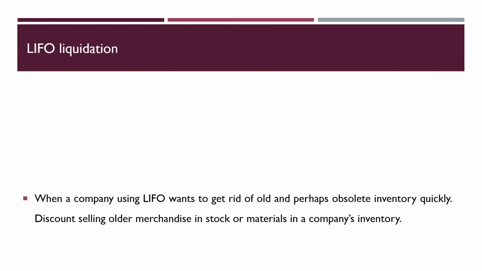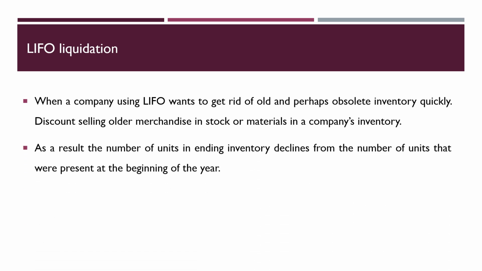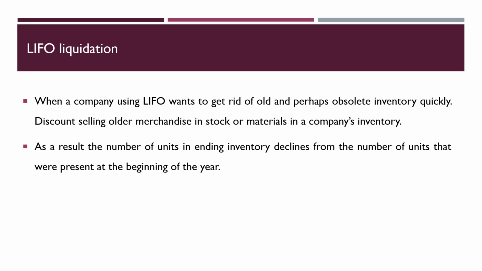LIFO liquidation occurs when a company using LIFO wants to get rid of old, perhaps obsolete inventory quickly. They may discount and sell older merchandise in stock or materials in the company's inventory. As a result, the number of units in ending inventory may decline from the number of units presented at the beginning of the year.